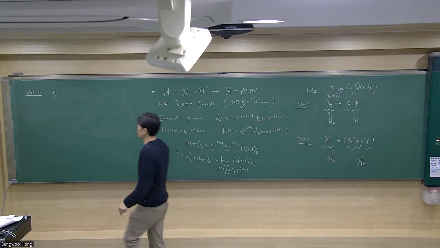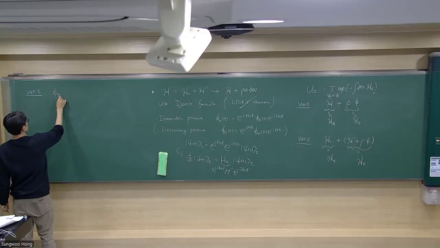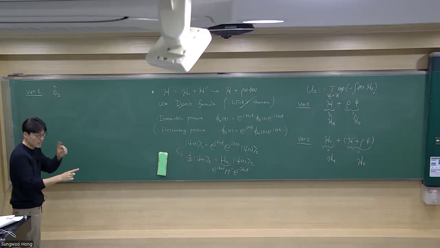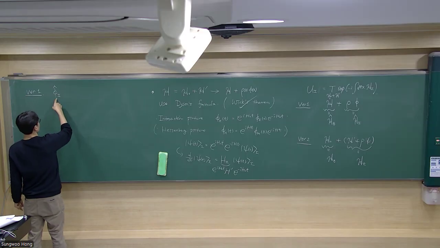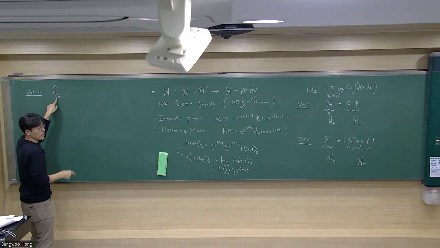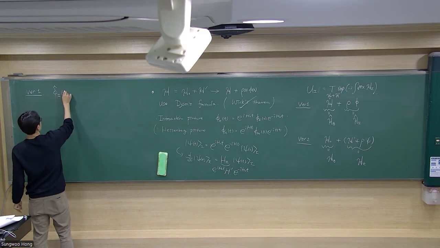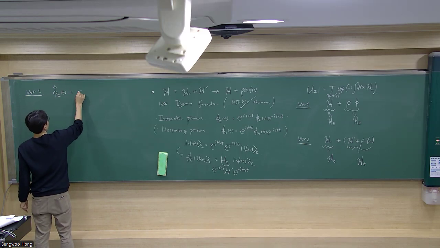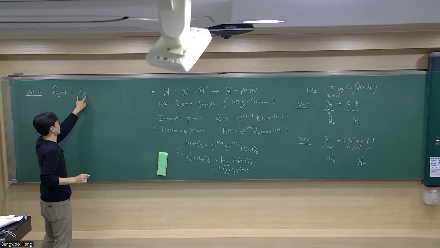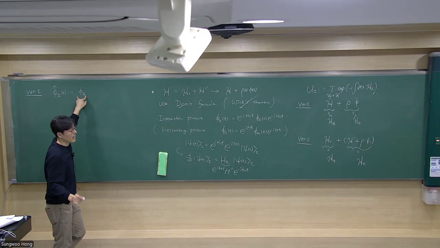So let's first remind you that in this version the interaction picture field is the following. The operators evolve according to the base part of the Hamiltonian.